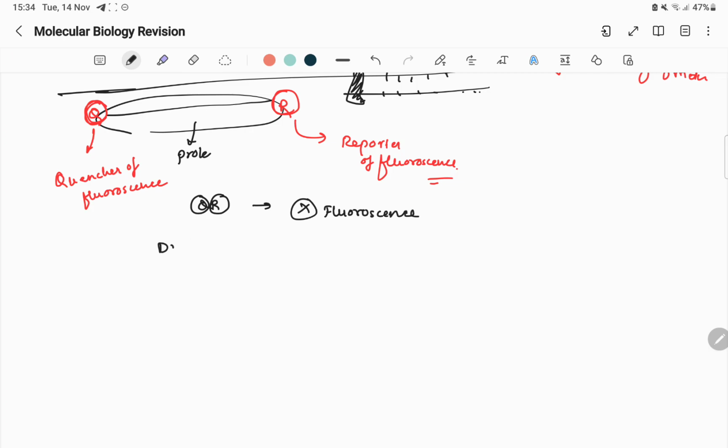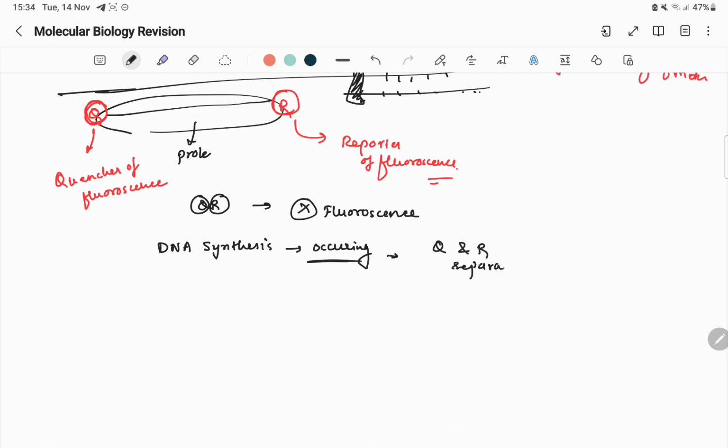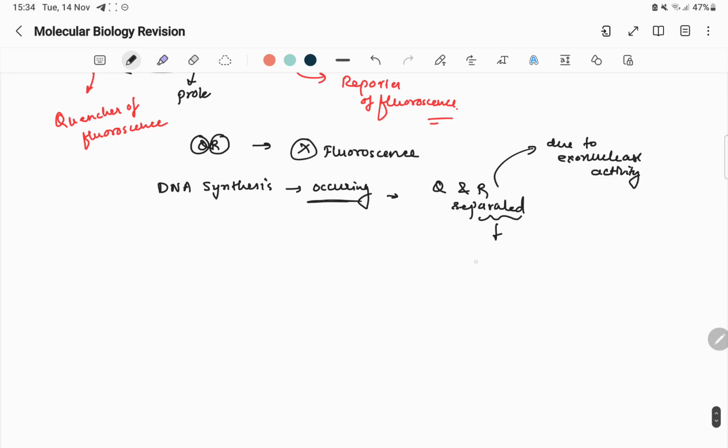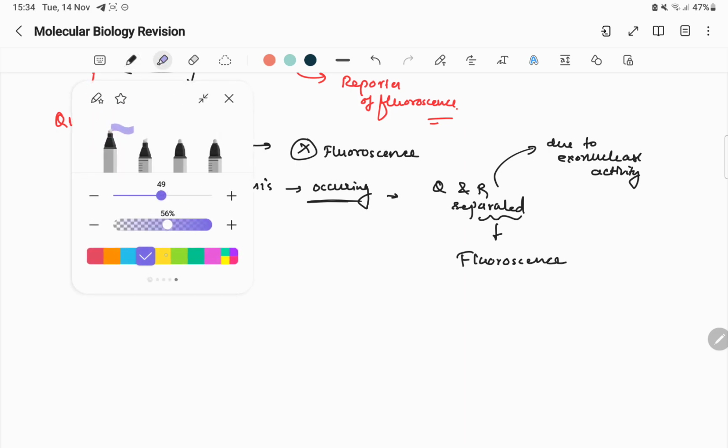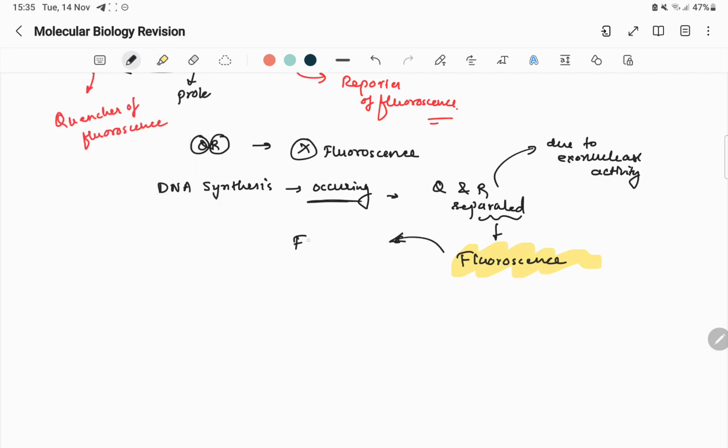But when DNA synthesis is occurring, Q and R are separated due to exonuclease activity, and this separation of Q and R will cause fluorescence. They will start to glow, and you can measure this glow in your instrument called a fluorometer.